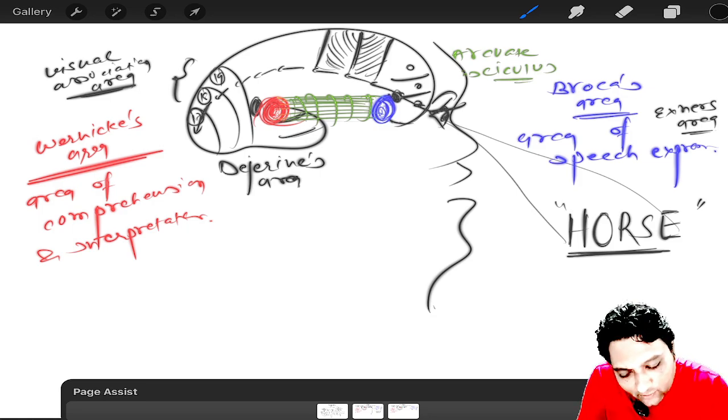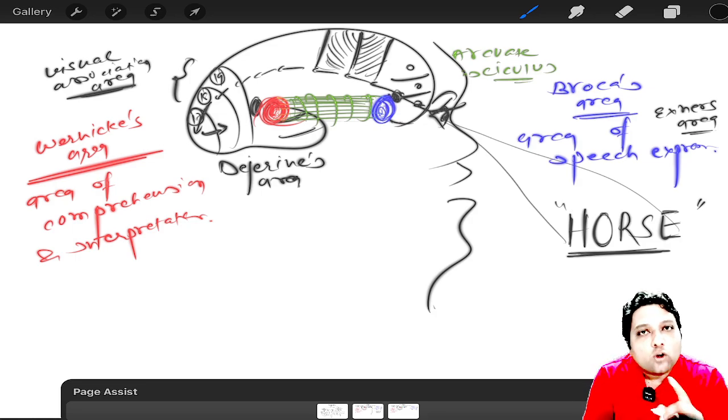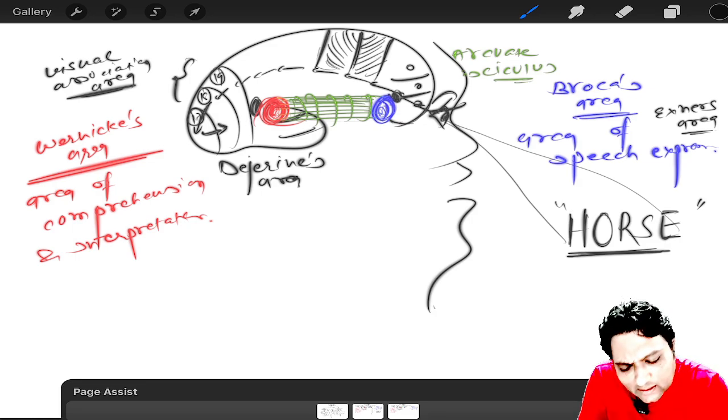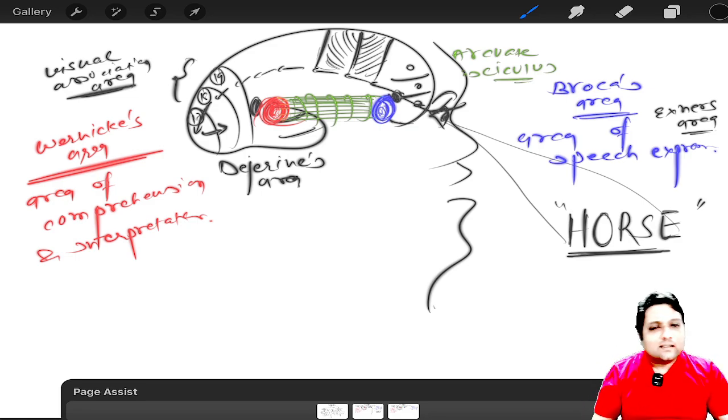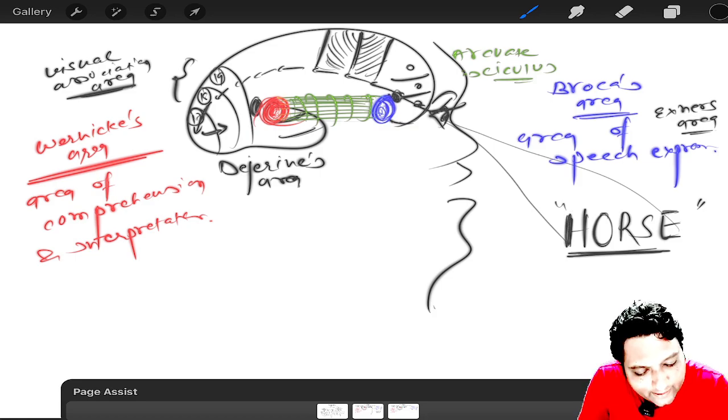Then this visual information is communicated to your secondary visual cortex. The secondary visual cortex is concerned with the analysis of visual information. Let's say suppose this is a standing line or a horizontal line or a curved line.